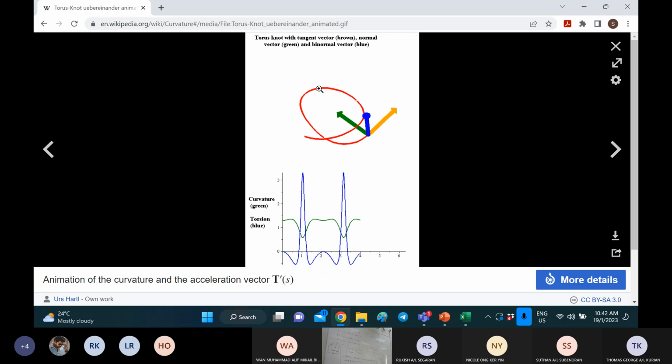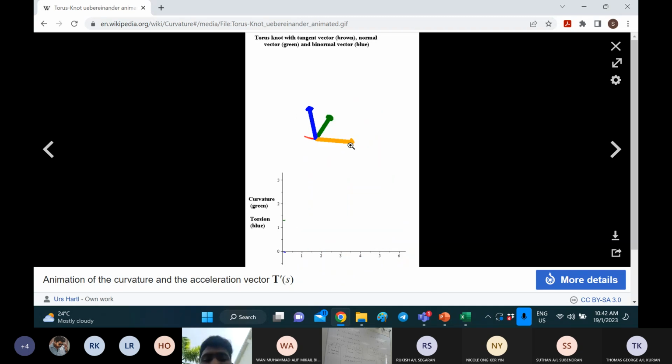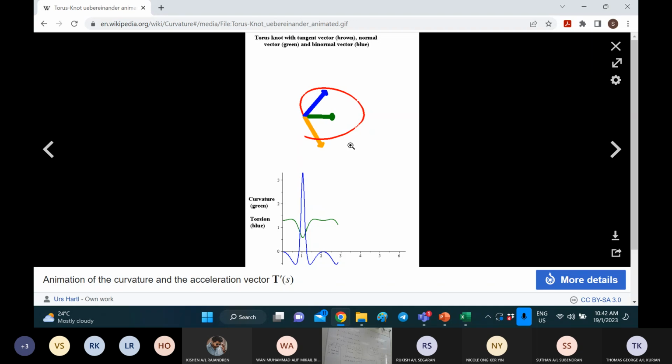This curvature is higher, this curvature is lower. That is curvature: how fast the tangent vector changes. And what is the direction of the binormal vector, whether it turns into the direction of the normal vector or turns out, and how much it turns out, is torsion.